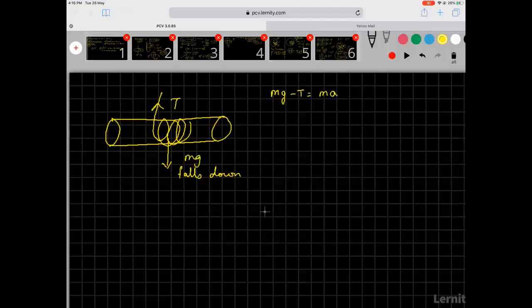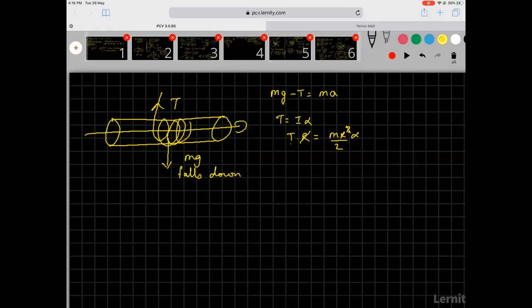Now when the body is going to fall down, it is unrolling, so there is rotation. For the rotational motion, torque is equal to I into alpha. So what is torque equal to? Torque is equal to tension into R. This is equal to, since it is going to rotate about this axis, it becomes (1/2) mr squared alpha. So from here, this tension can be found out immediately.